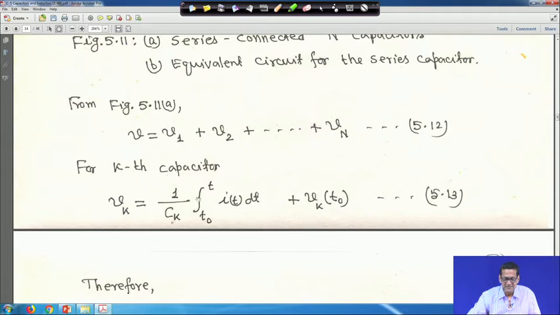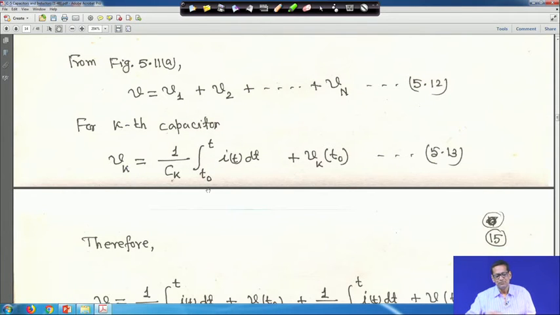Now, for the kth capacitor, we know the voltage V is equal to 1 upon C, integral from T0 to T of i(t) dt, and we have studied this earlier. Instead of V, we are writing Vk for the kth capacitor, and the value of the kth capacitor is Ck: 1 upon Ck, integral from T0 to T of i(t) dt, plus Vk(T0). I told you in the past that at some time, say minus infinity, the initial voltage across the capacitor was 0.